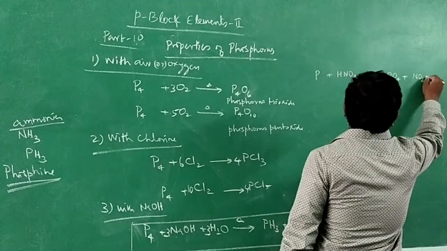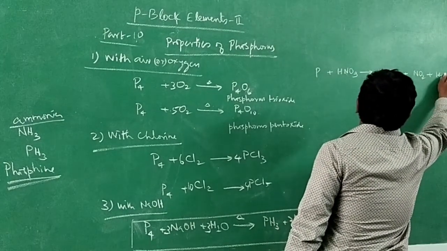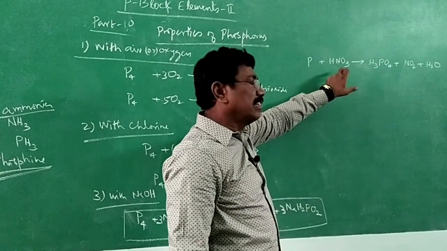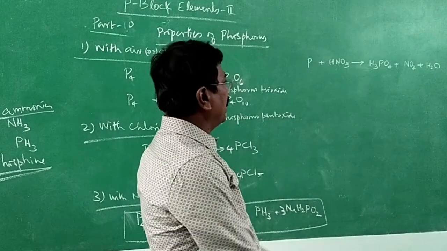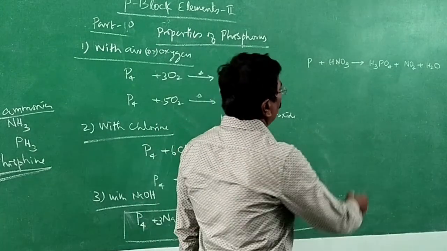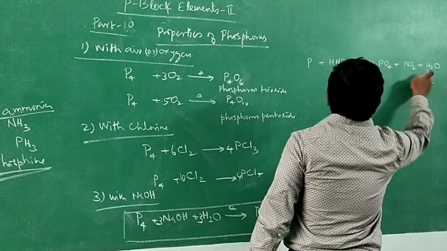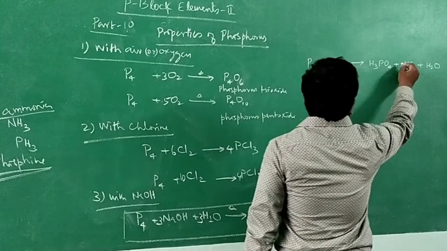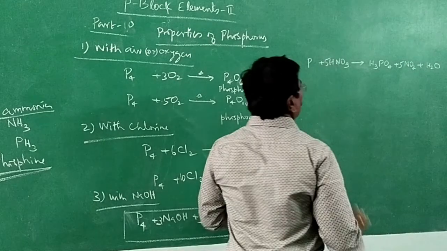Nitrogen dioxide and water. This is how the reaction proceeds. When phosphorus is heated with nitric acid, it forms phosphoric acid, nitrogen dioxide and water. Here we have 5 hydrogen, 3 plus 2, 5 hydrogen, therefore 5 HNO3. 5 nitrogen, 5 NO2. Balanced equation.